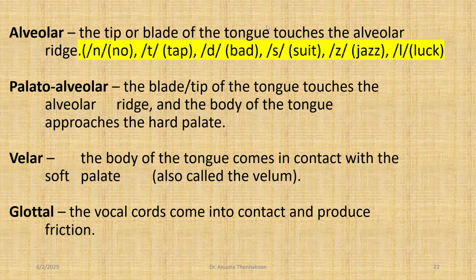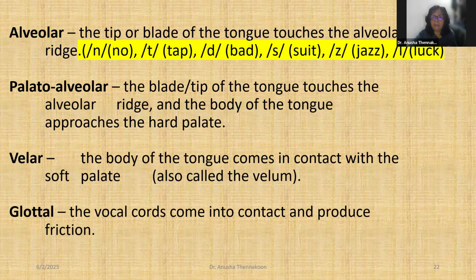Alveolar. The tip or blade of the tongue touches the alveolar ridge. Tap, bad, suit, jazz, luck. When we pronounce these words, the tongue touches the alveolar ridge. And then palatoalveolar.